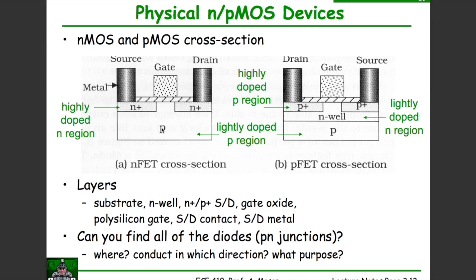It has a P substrate, then N plus diffusion, so it should be an NMOS. One is source, other is drain. Since it's a symmetrical device, source and drain are interchangeable, and after applying potential, only then can you identify which is source and which is drain. This is gate.